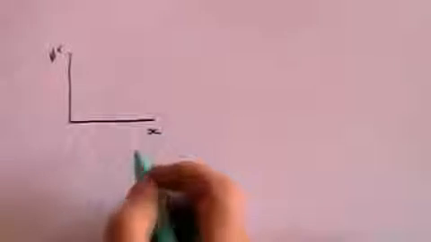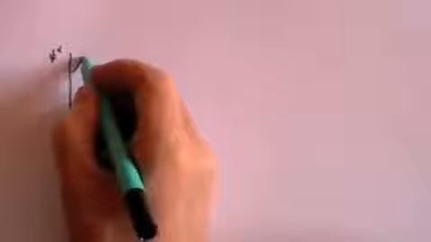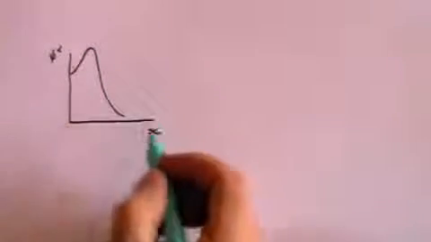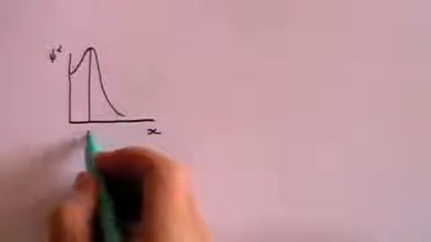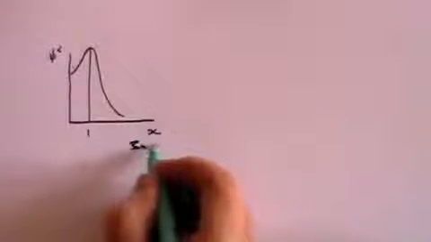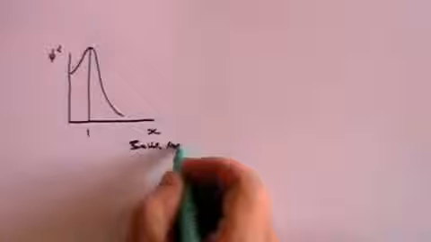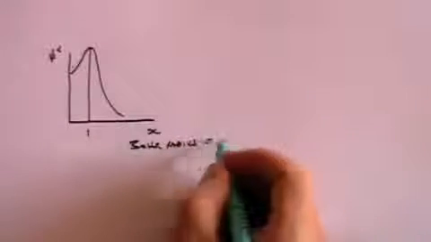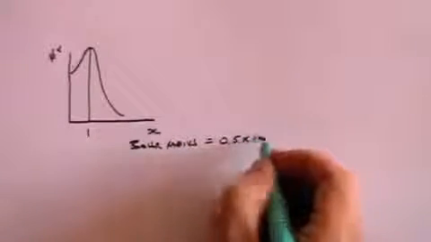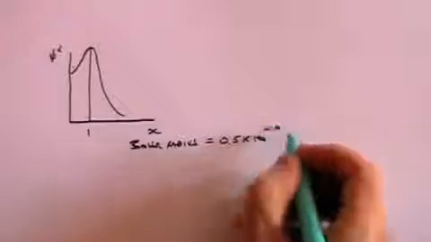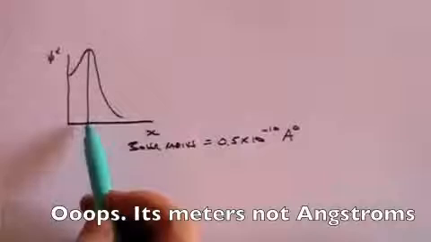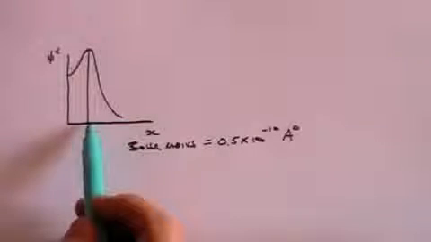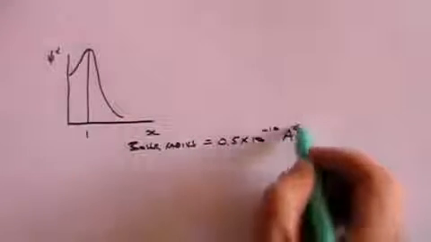electron, according to the distance from the nucleus, we find that it looks something like this, where the peak is at what's called Bohr radius. And the Bohr radius is essentially 0.5 times 10 to the minus 10 meters.